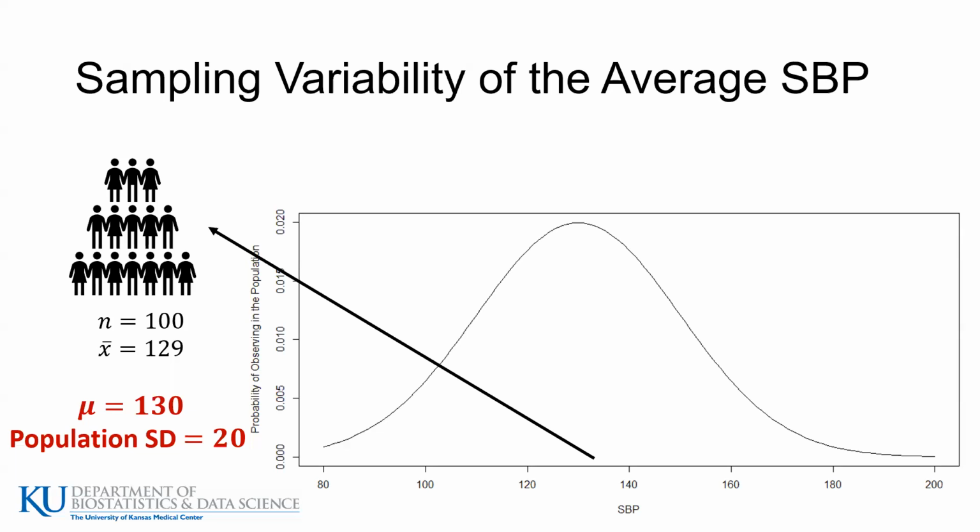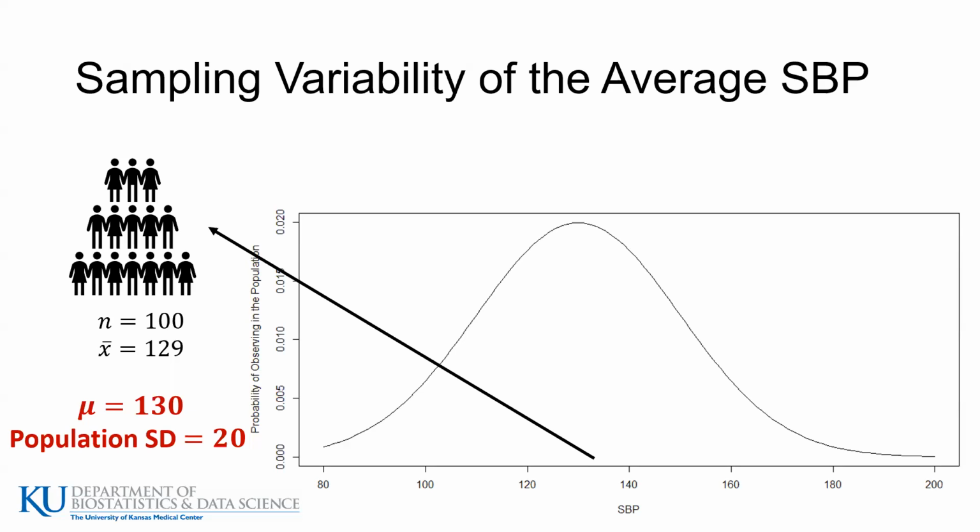Along the x-axis here, we have values of systolic blood pressure that could be seen in an individual patient in a clinical population. And then on the y-axis is the probability of observing that systolic blood pressure in the population.